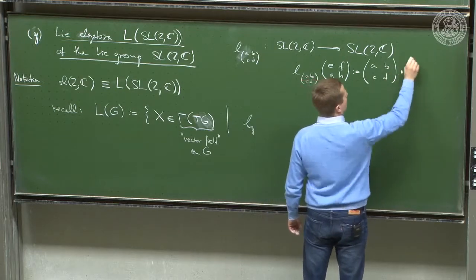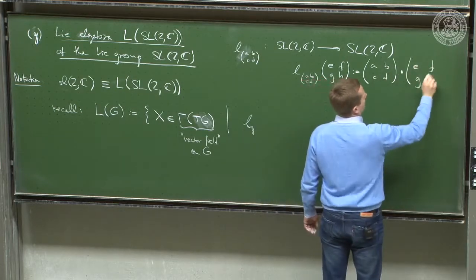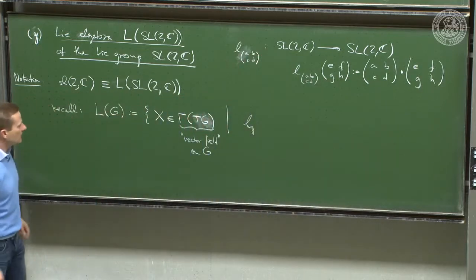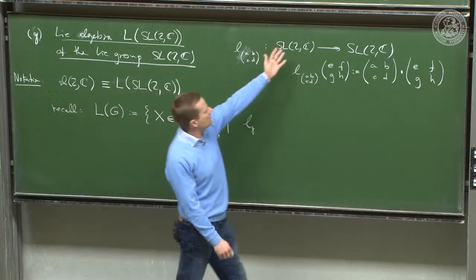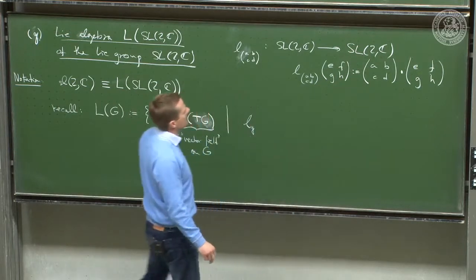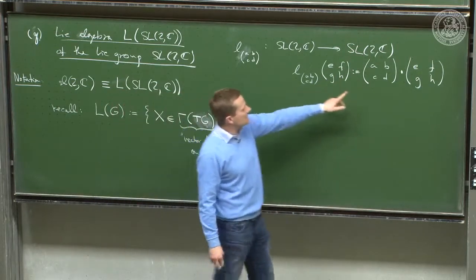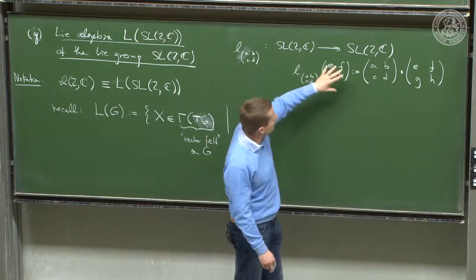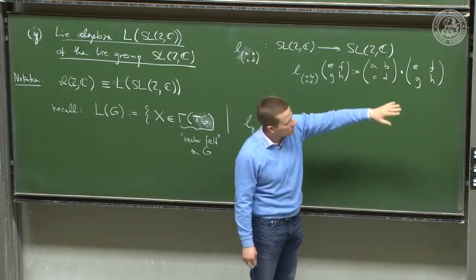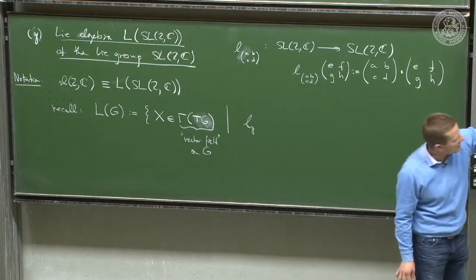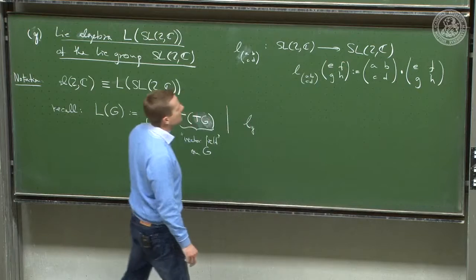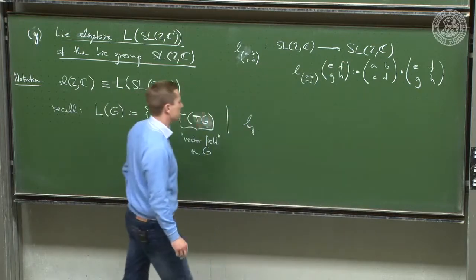So you use the group operation, and this map is called the left translation. But then you have a map from a smooth manifold to a smooth manifold. It is part of the mu map because you fix one entry, but you can show by virtue of the definition of the atlas on the Cartesian product that this also is a smooth map from SL2C to SL2C.